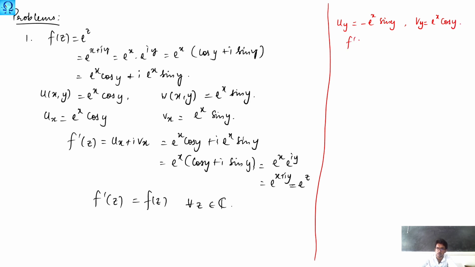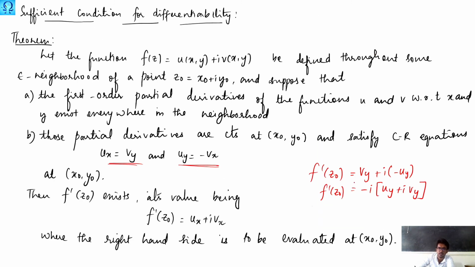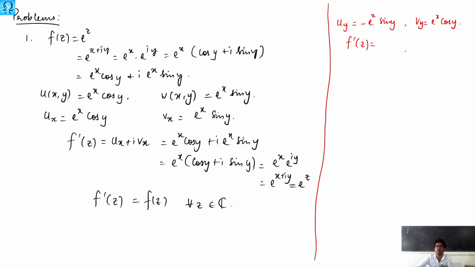So we know f prime of z may be written as, yeah, we shall refer to our formula, f prime of z is vy plus iota times minus uy, right? Vy is e power x cos y minus iota times uy, that is minus e power x sin y.